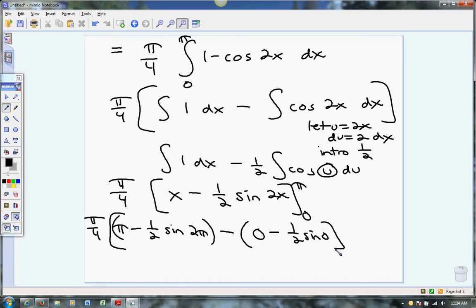The sine of 2 pi is 0, so I just have pi fourths times pi. So that's going to be pi squared over 4. And that will be my answer to the volume of that paperweight.